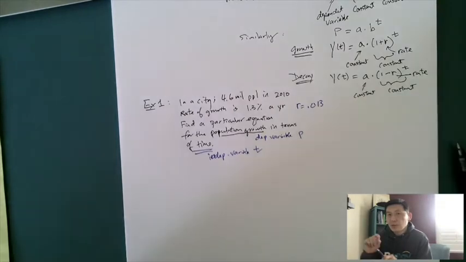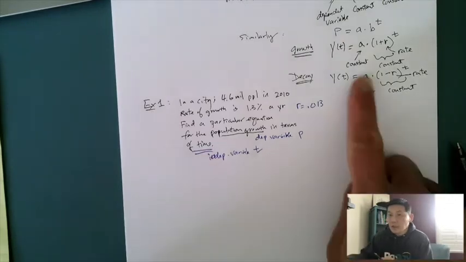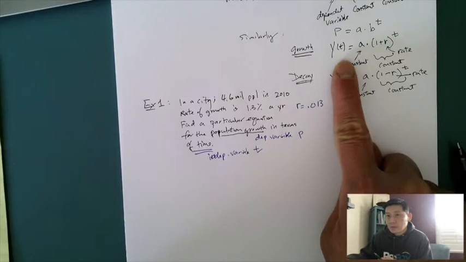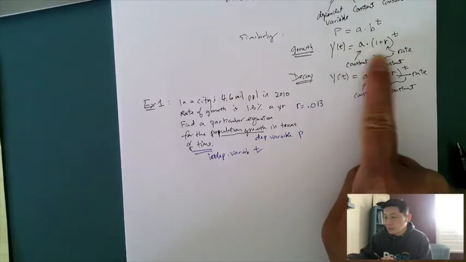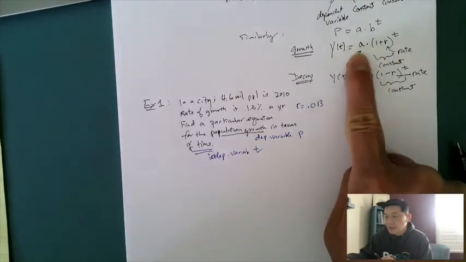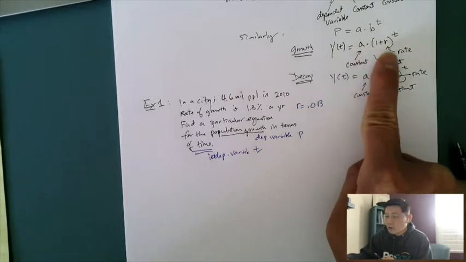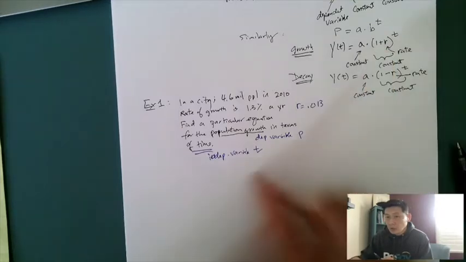First part is to show you how, when we look at this from a numerical point of view, this corresponds to the growth model that I wrote earlier: Y of t is equal to a times 1 plus r to the t power. You may ask, well, where did 1 plus r come from? So I'm going to show you.